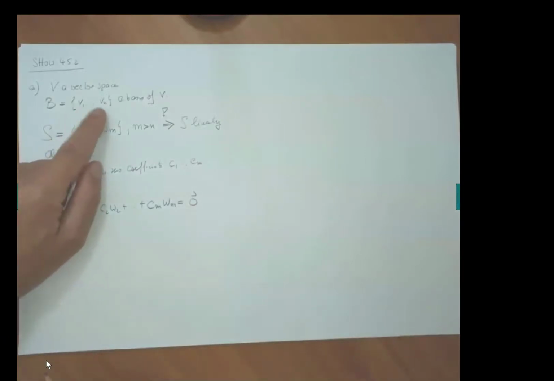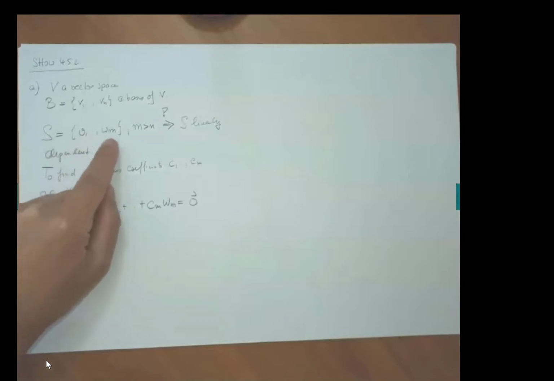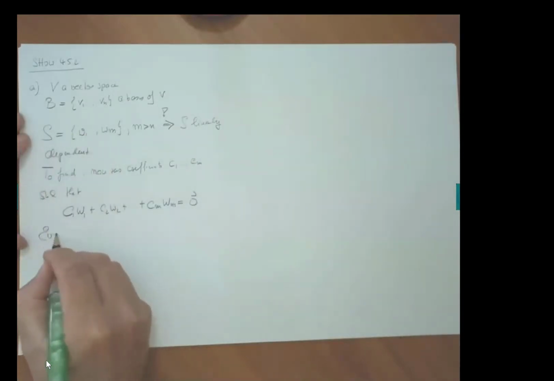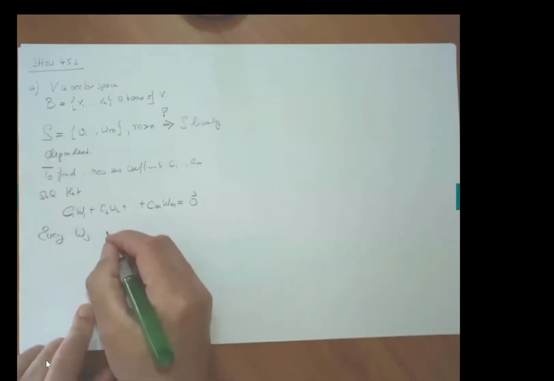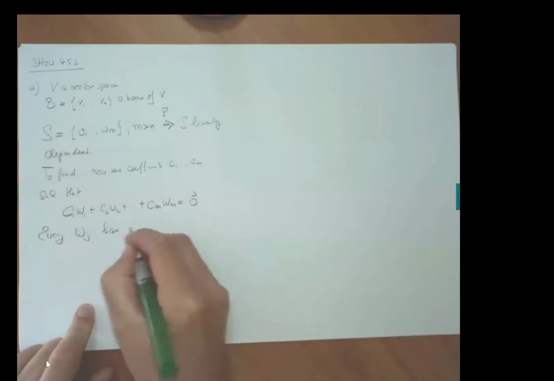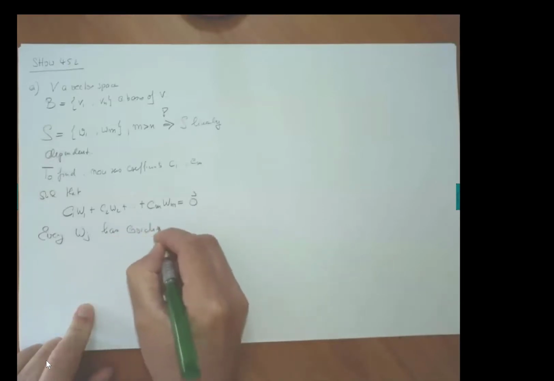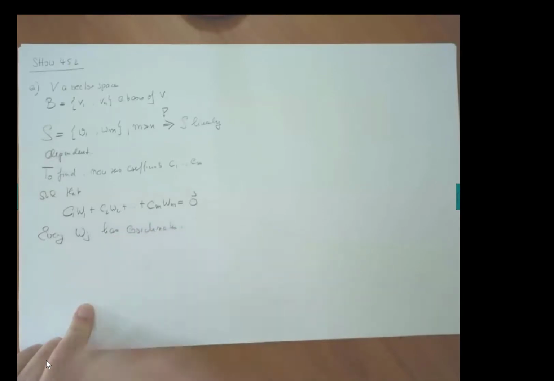Because this is a basis, every vector has coordinates. Every Wj has coordinates. And now we are a little bit in index trouble. That's actually always the trouble in linear algebra. You always have these indices and double indices like in a matrix. So the price you pay for linear algebra is that you have to live with indices.